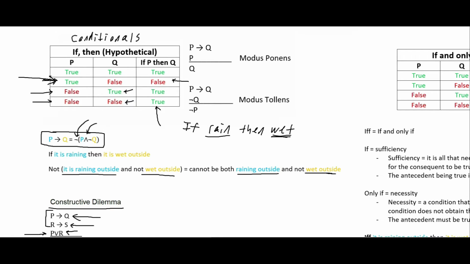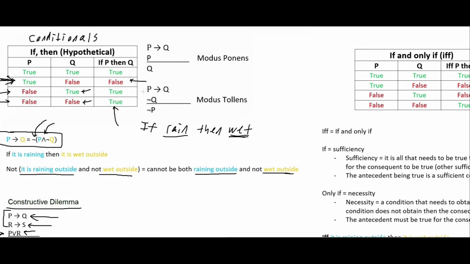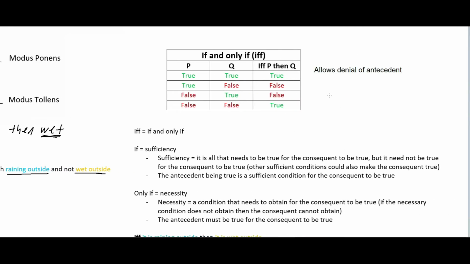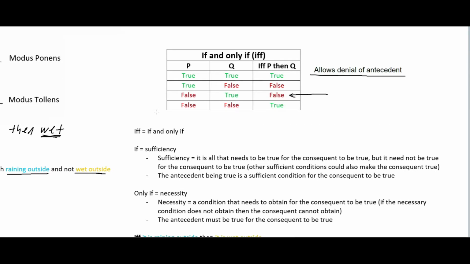All right, so then the other thing to talk about is the if and only if statements, which, as we see here, now this third row has a false, which means that we are allowed to deny the antecedent. A lot of times you'll see if and only if written as IFF, which just means if and only if.